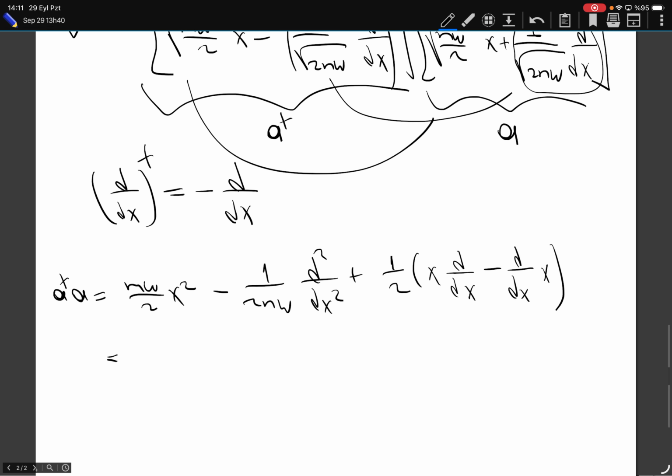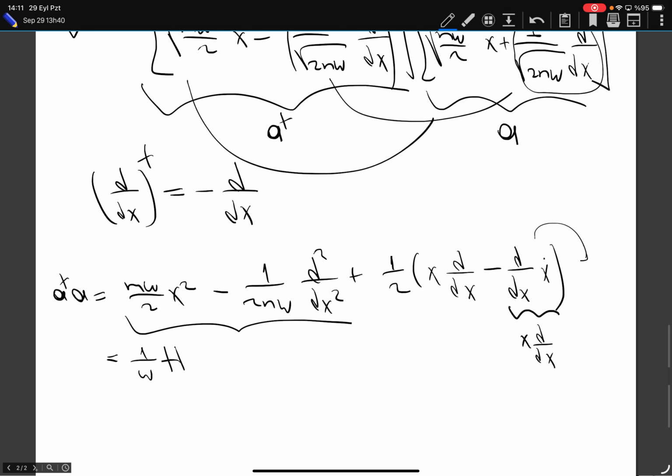These two terms are just 1 over omega times my Hamiltonian. Then here I have, remember, the derivative operator acts on everything that would come to the right of it. So it acts on x, and it also acts on whatever would come later on. So this product is actually x times d over dx plus 1.